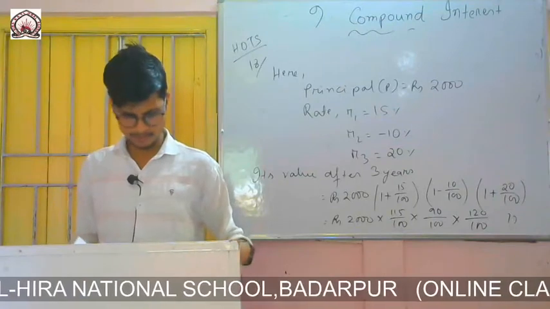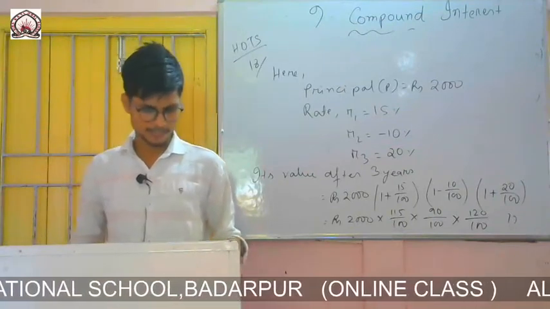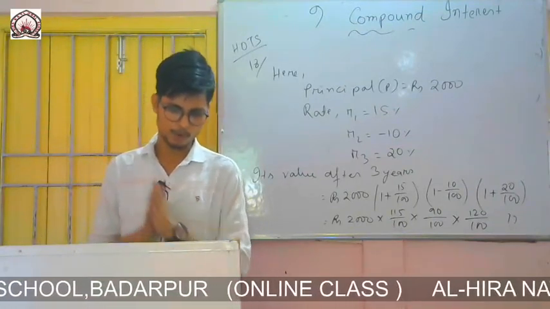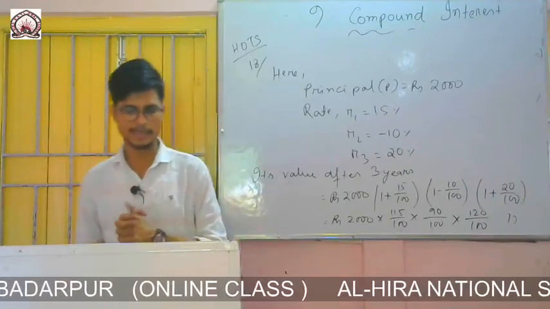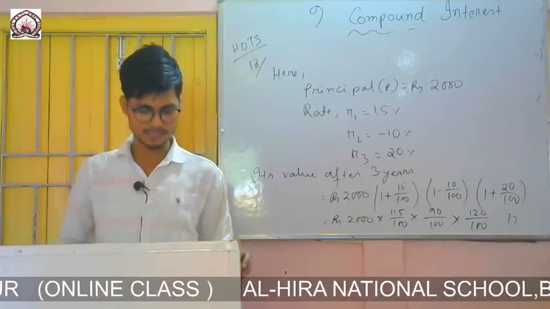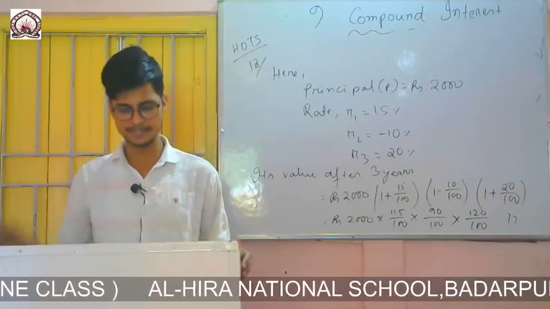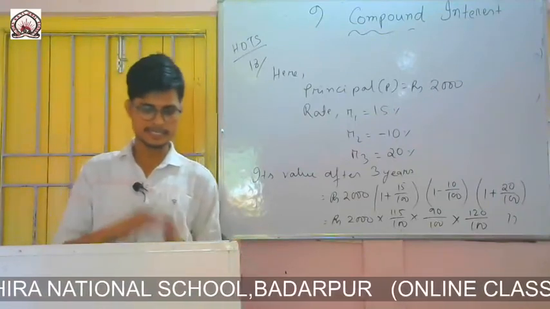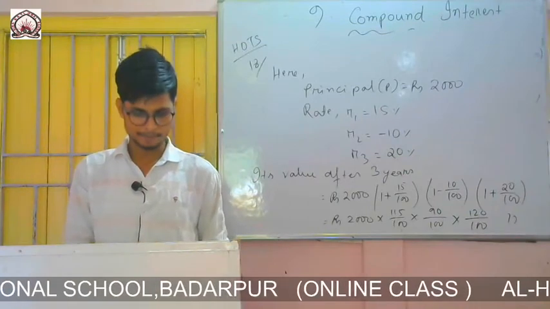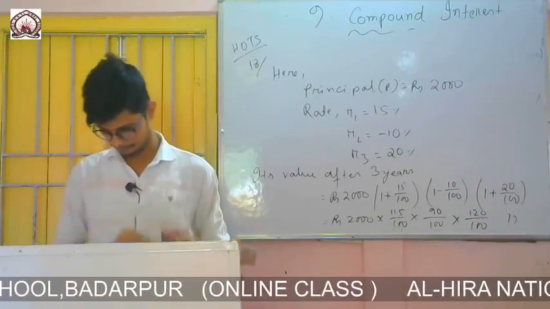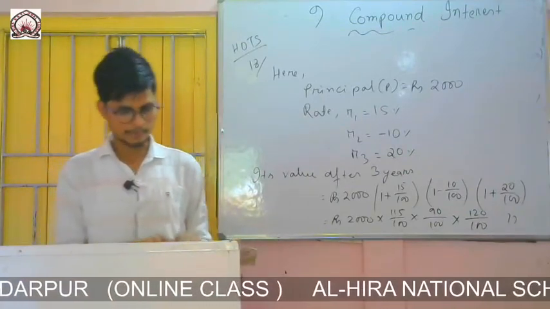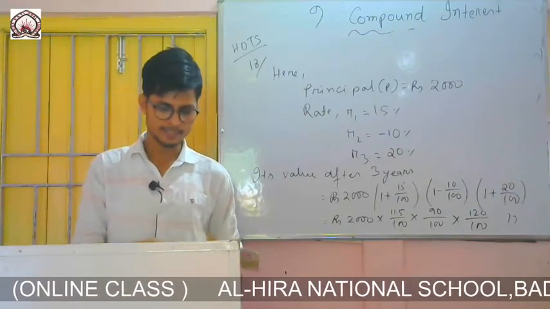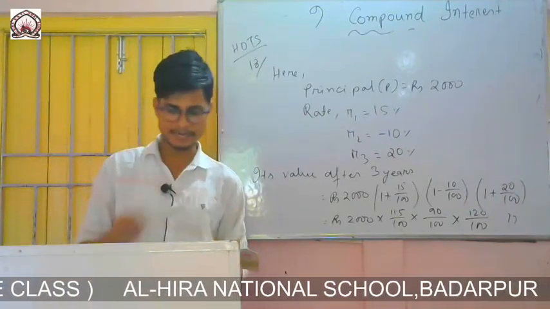So first question: what amount of money should Mohan invest in a bank in order to get rupees 1323 in 2 years at 5% compounded annually? So the amount is given here, 1323.